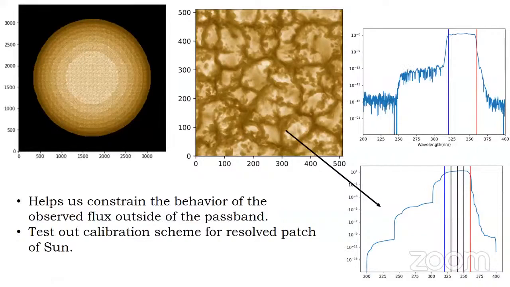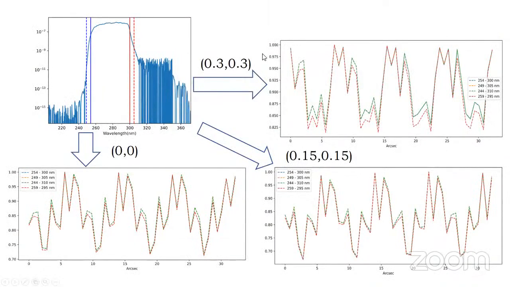The other reason is that although we have some predetermined passbands present, we want to give the community the ability to choose their own passbands depending on what kind of science they are doing. One of the key concerns there was, if someone changes the passband, how does that affect the contrast that you observe? So that is essentially what we have done here.